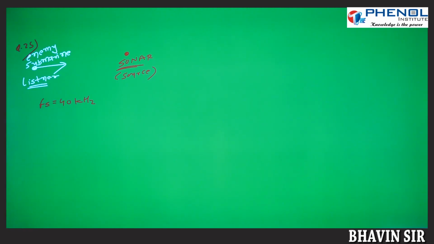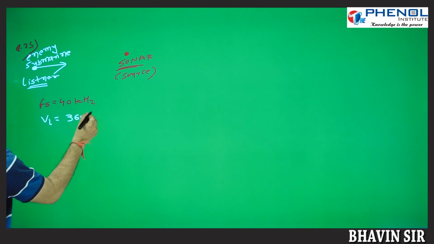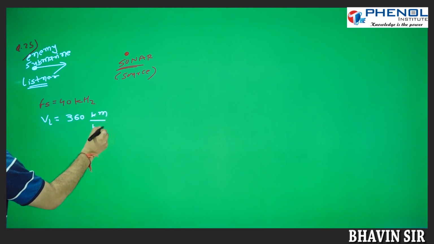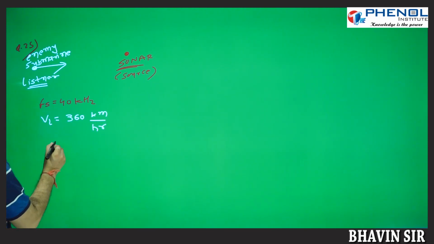Sonar is source, enemy submarine is listener, and the enemy submarine is moving towards sonar with the speed of 360 km per hour. So what is the speed of listener? 360 km per hour. So students, convert it into meter per second.